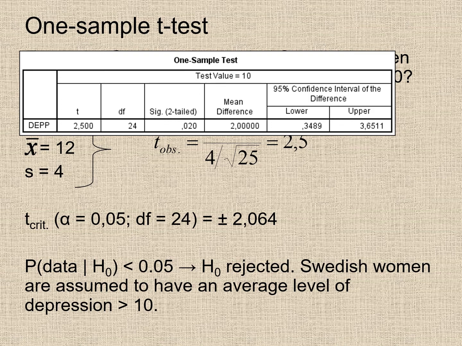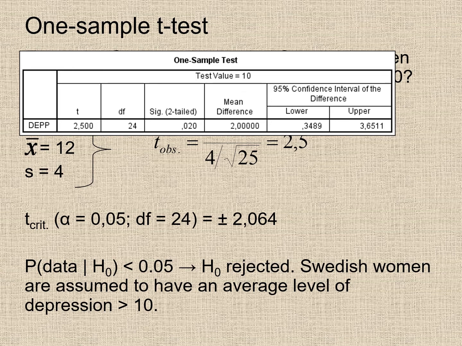And this doesn't show it, but the sample mean is 12. And we get a t value of 2.5. So this tells us that the sample mean of 12 is 2.5 standard errors above the test value of 10. And we have 24 degrees of freedom.